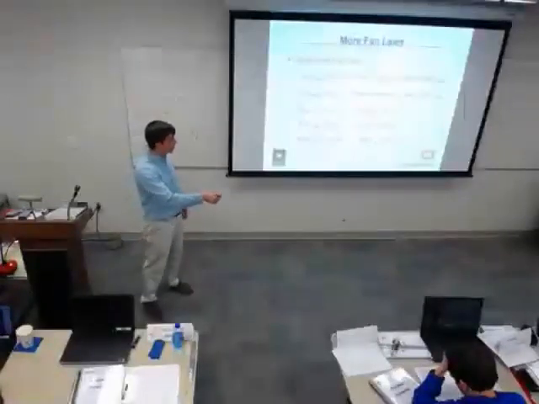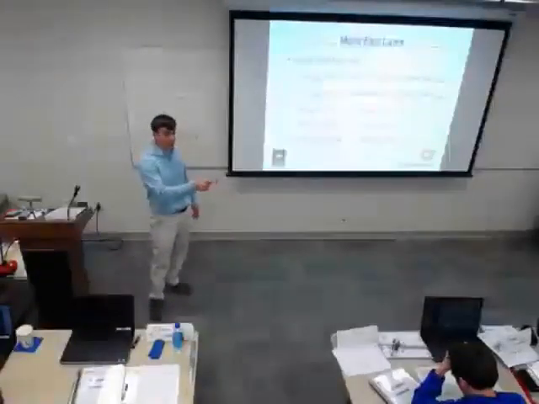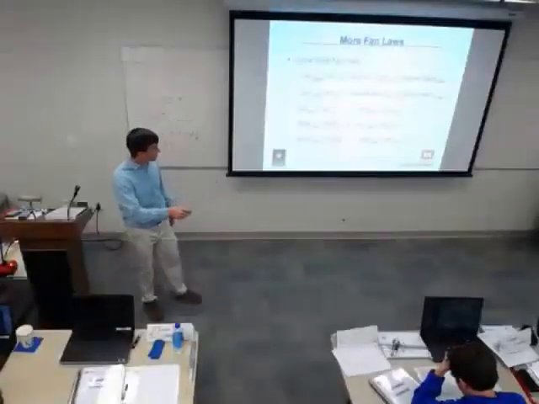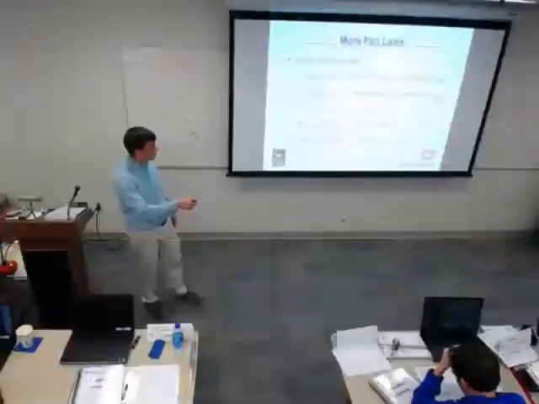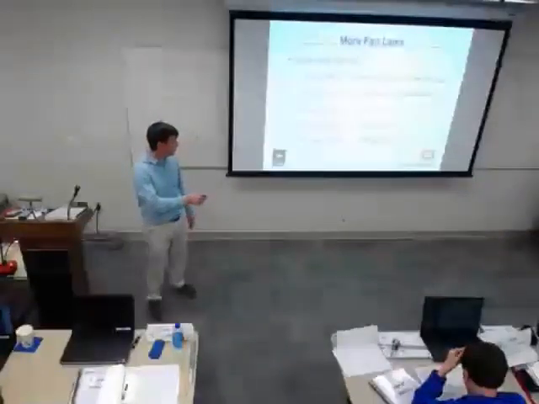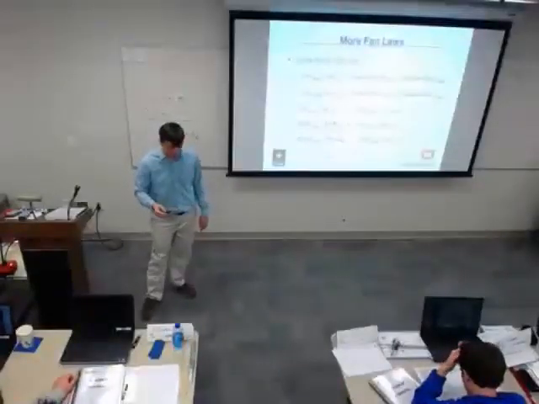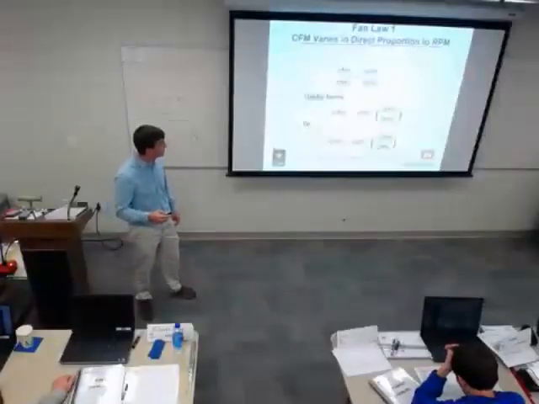I can substitute CFM for RPM because those two terms are equal up here. And if I make a change in cubic feet per minute, the change in amps is going to be equal to the change in horsepower. That's a cubic relationship. We're going to go through these to hopefully make a little more sense.